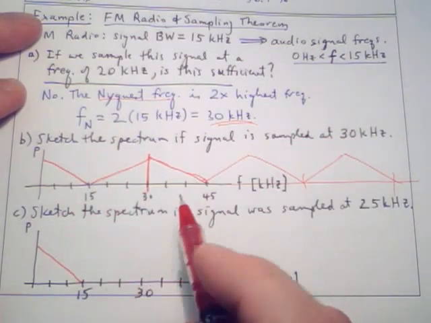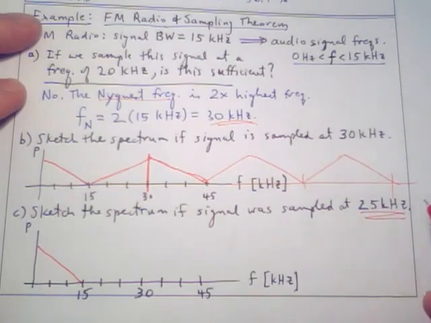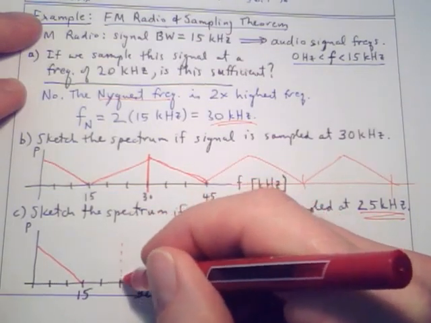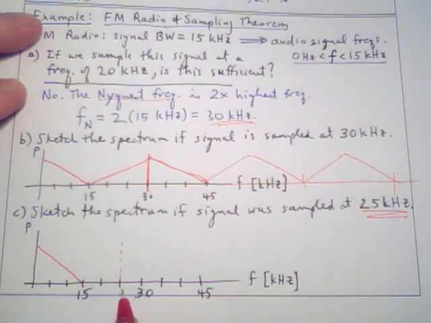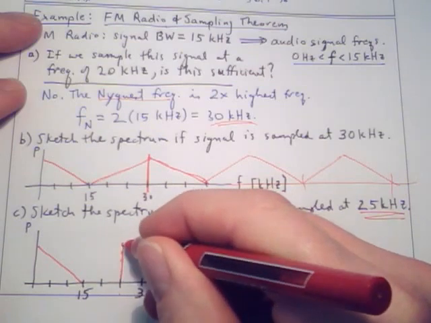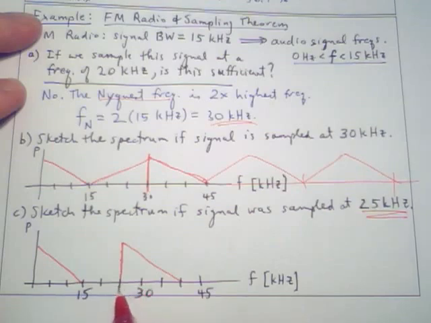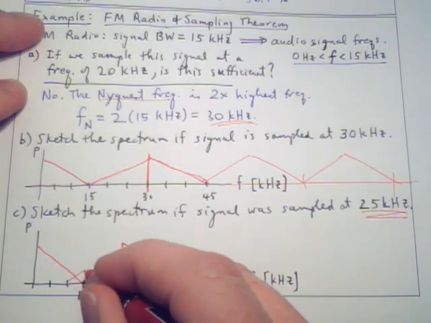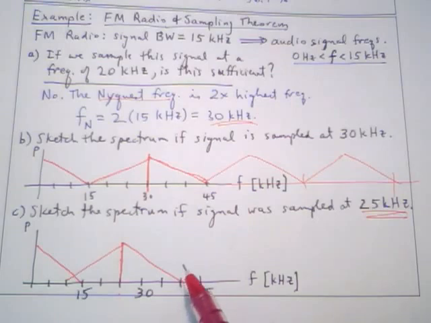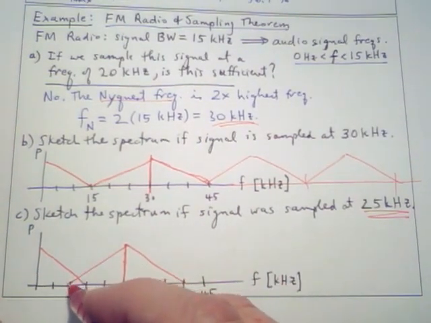Now I sample at 25 kilohertz, and that puts a new copy of the signal centered at 25 kilohertz. The non-inverted copy goes from 25 up to 40, since 15 above 25 is 40. But the inverted copy goes 15 below 25: 25 down to 20, 15, and 10. So here you see that we have a big problem with fold-over distortion.